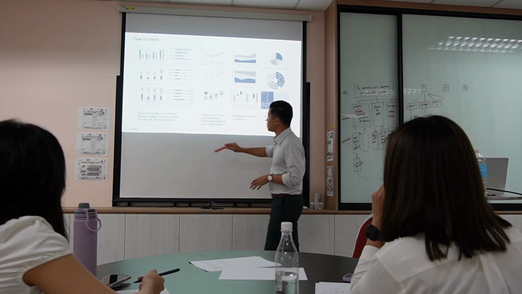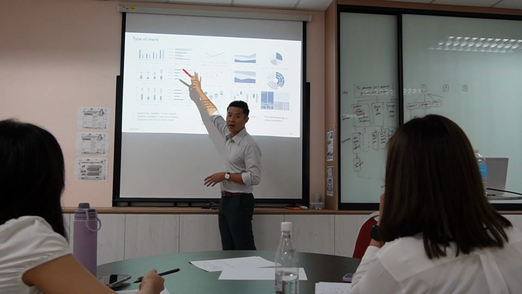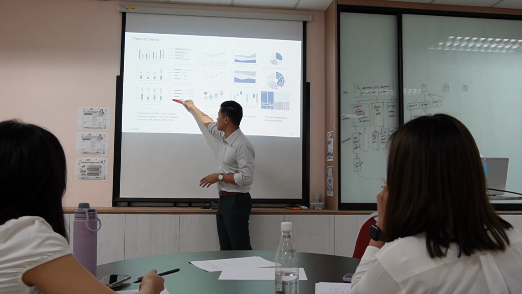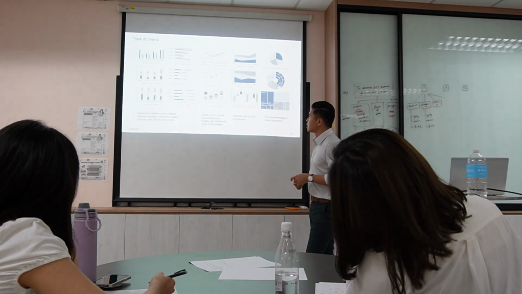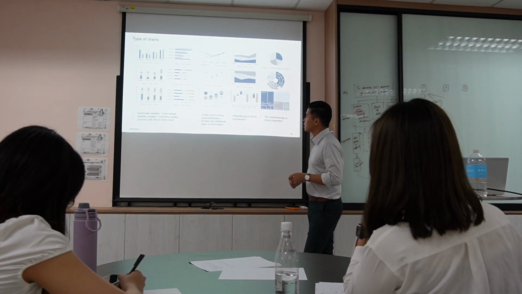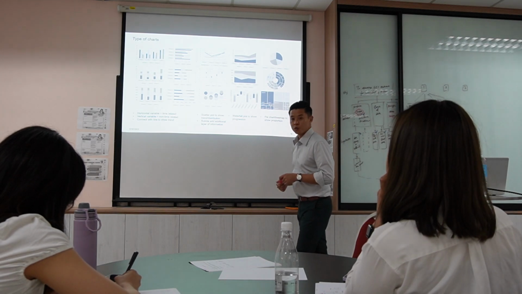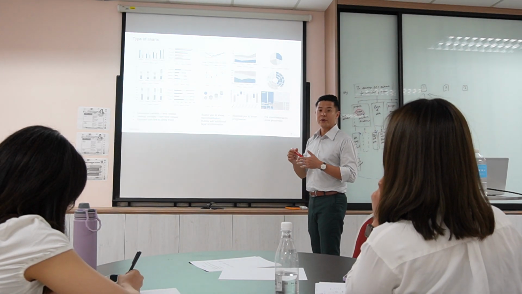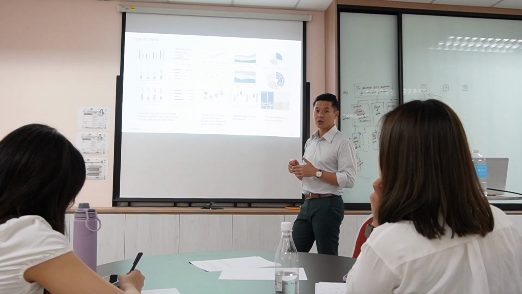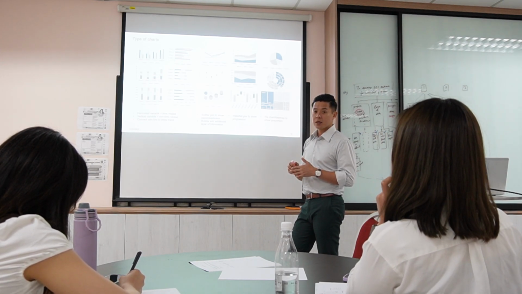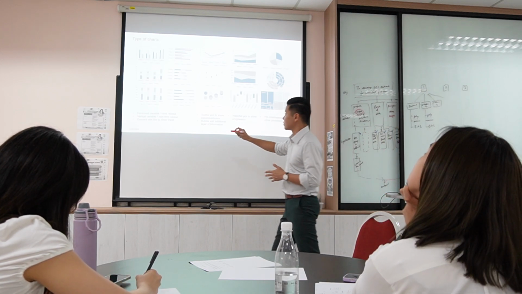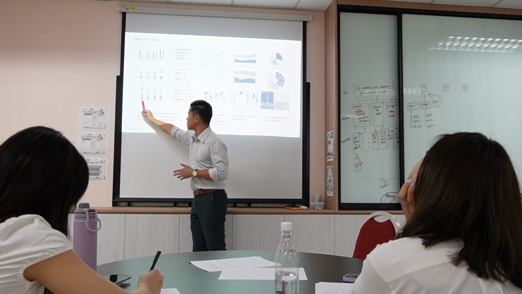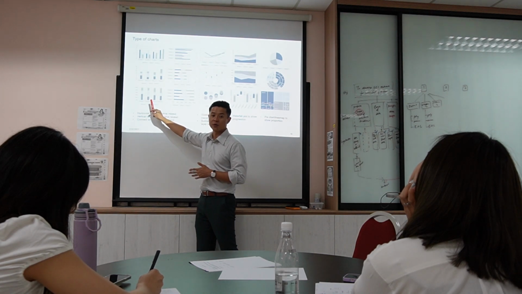Whereas for the vertical bar, the one that shows different categories, it is good to use it for comparing different categories, because even though when we look at something that goes from left to right, we associate it with time.